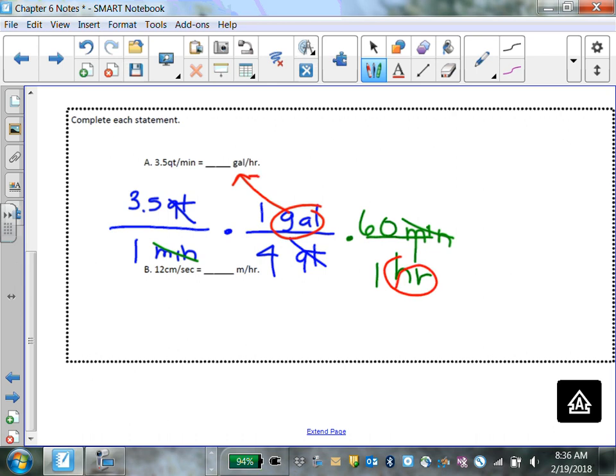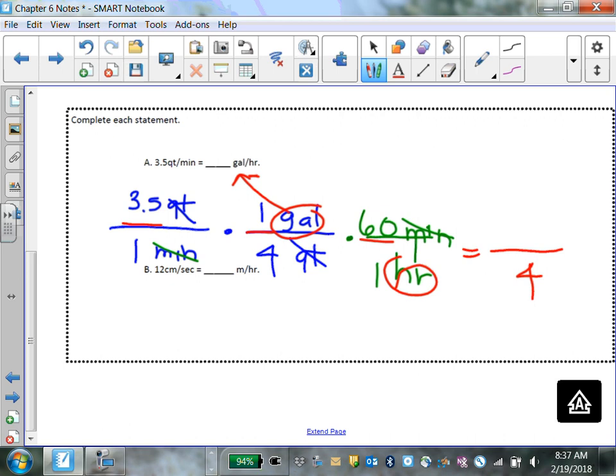Everybody with me? Everything else is canceled. So now all you're going to do is multiply straight across. So you're going to do 3.5 times 1, which is just 3.5, times 60, and that's going to get your numerator. Then you're going to do 1 times 4 times 1, which is just 4.